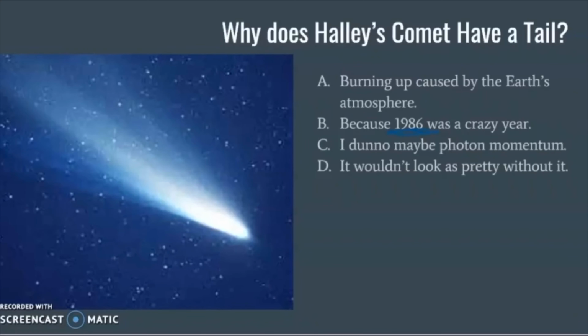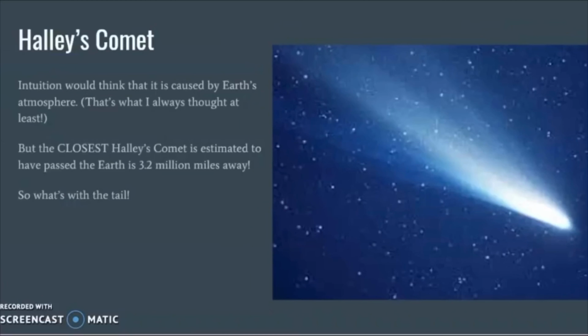But it's not that it's burning up in the atmosphere, because interestingly enough, Halley's Comet is super far away. The closest it's ever been was 3.2 million miles away, so it's not even close to the Earth's atmosphere. The tail behind the comet is actually from photon momentum. Photons from the sun hit the comet and blast off these little pieces that fly behind it.